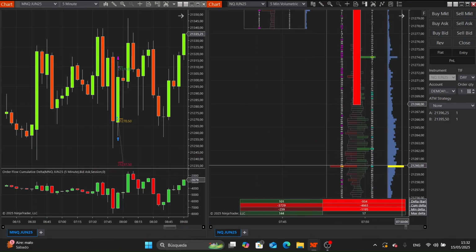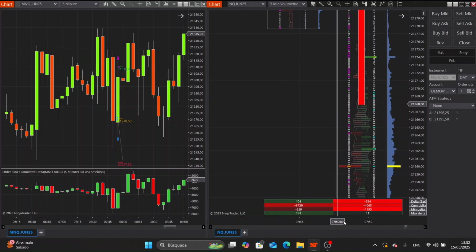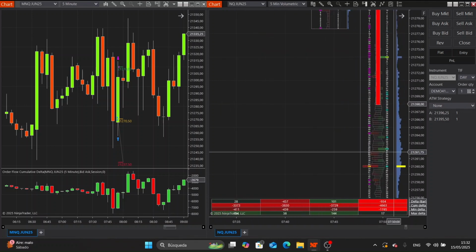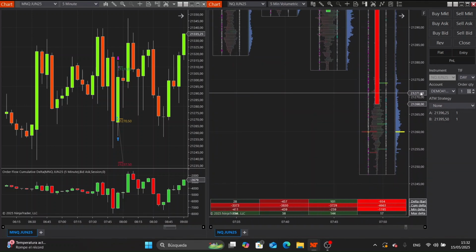That's what I don't like on NinjaTrader. But yeah, you can see we have a lot of imbalances here, especially 180 contracts, 70 contracts, 70 contracts. Again, 50 contracts. That's a lot of volume right there. If you trade order flow enough, you will know that that's a lot of volume actually.